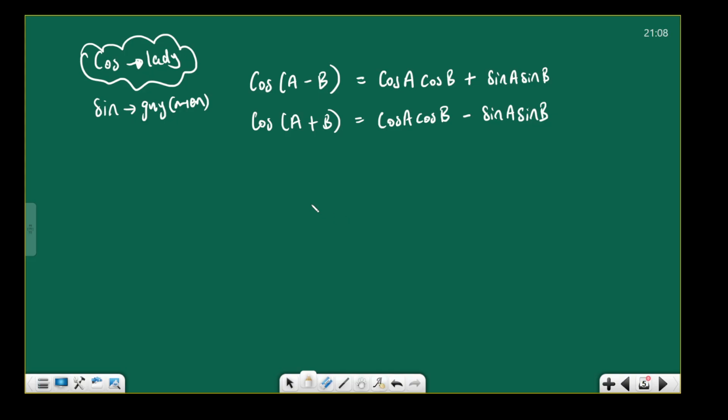And then now, what about sine A minus B? Well, we as men, we don't really mind sitting with you guys. If I go in a taxi and I see a seat where a lady is sitting alone, and a man is sitting alone, trust me, I'll probably sit with the lady.